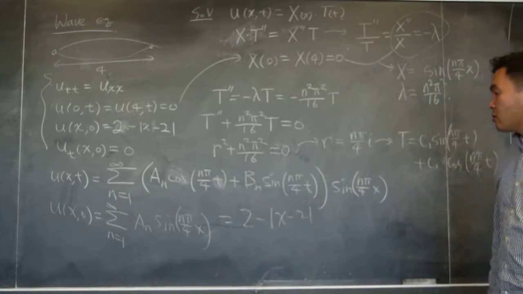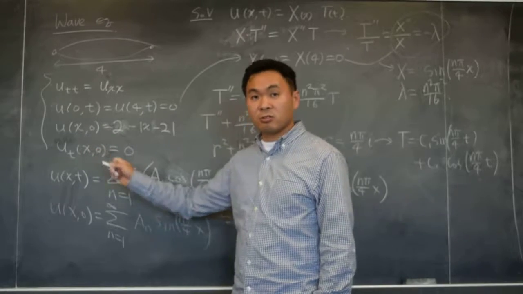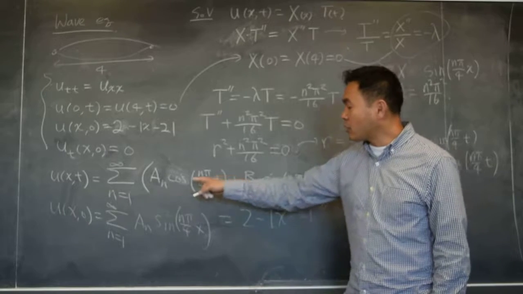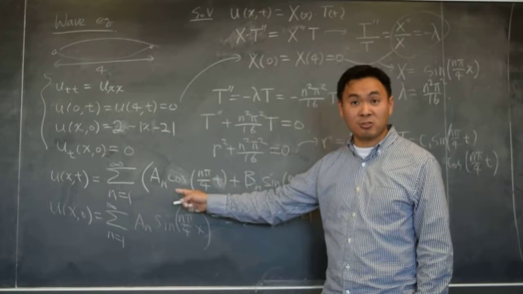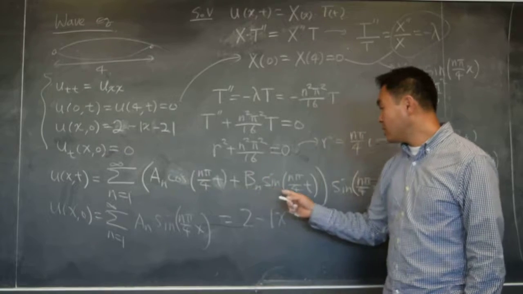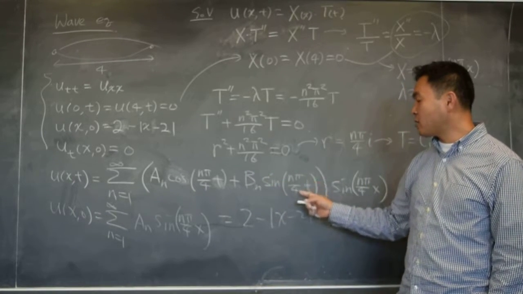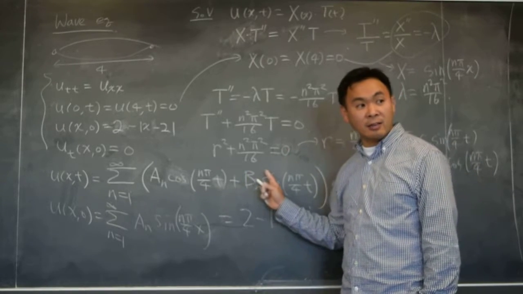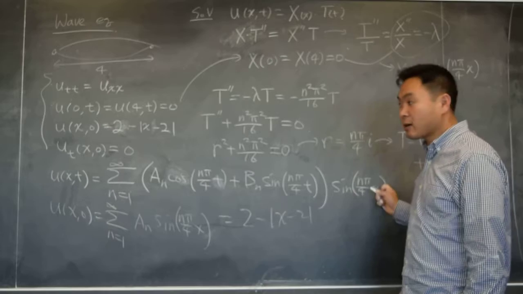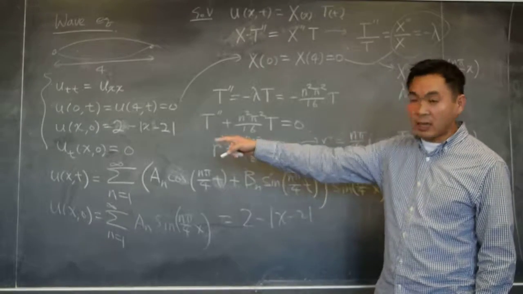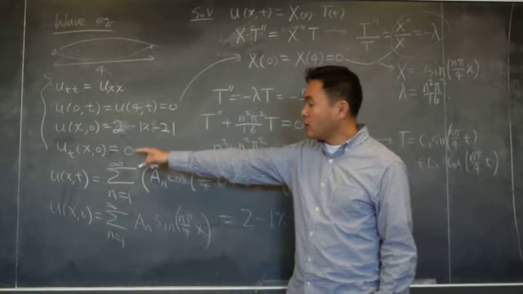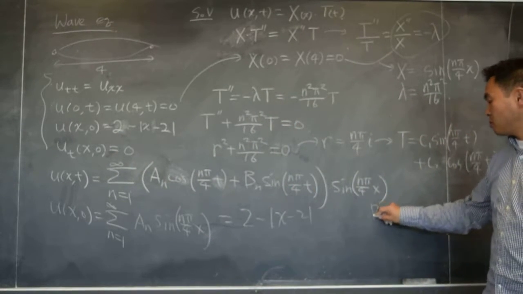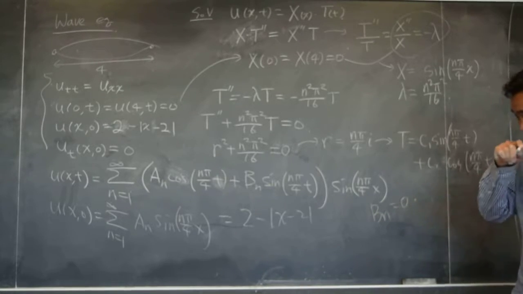On the other hand, this condition here means you have to differentiate this once, and then you plug in 0. That will make this part 0, because cosine differentiates to sine, and when you plug in 0, that goes away. And when you differentiate sine, you get n pi over 4 times cosine. So you get n pi over 4 times b_n times sine n pi over 4 x to be u_t(x,0), and then you say equal to 0, you get b_n equal to 0. So b_n will equal 0.